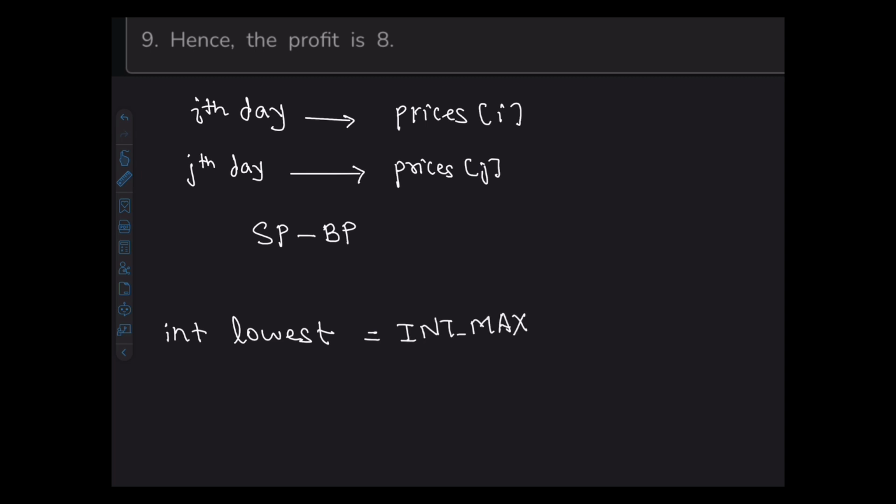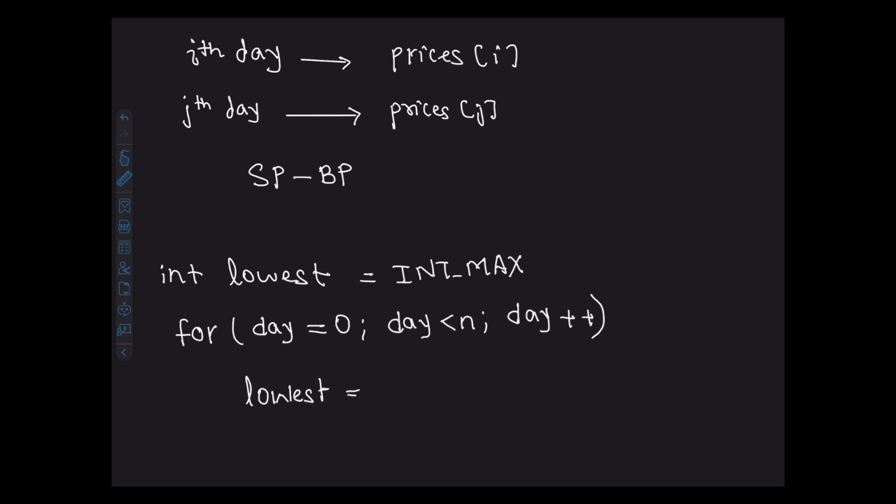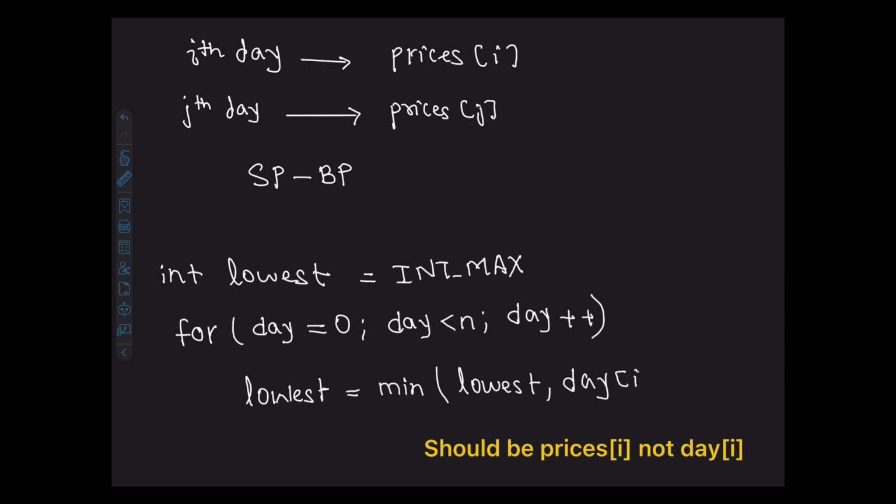Now as we move along our days, we need to update our lowest price, right? So the lowest price is going to be the minimum of lowest comma the price on the ith day, and we have to maximize our profit.